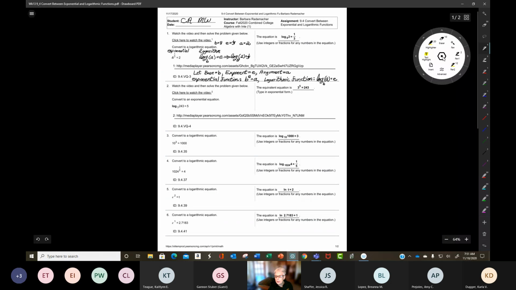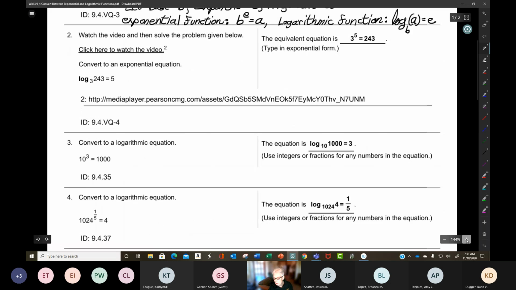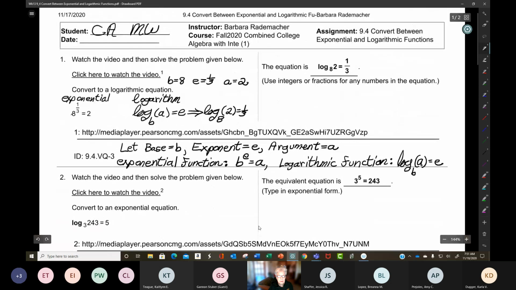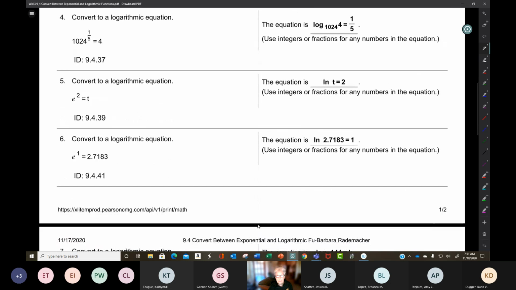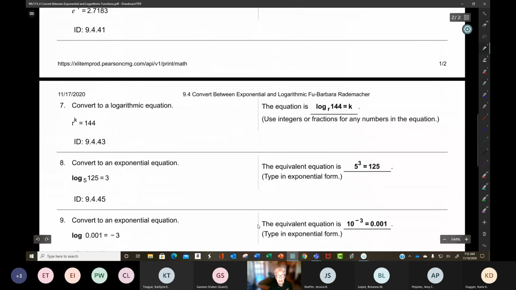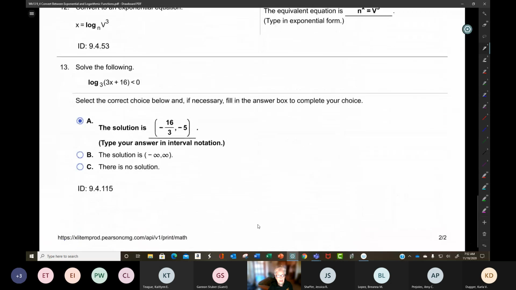We're going to be converting exponential functions to their equivalent logarithm functions over and over and over again. If you're going to disappear, why don't you stay around for a few minutes until you get the hang of it?